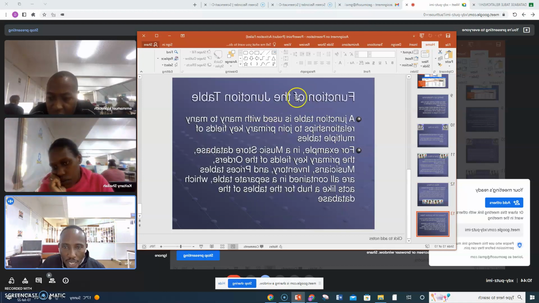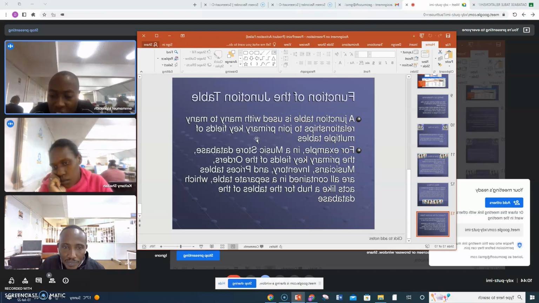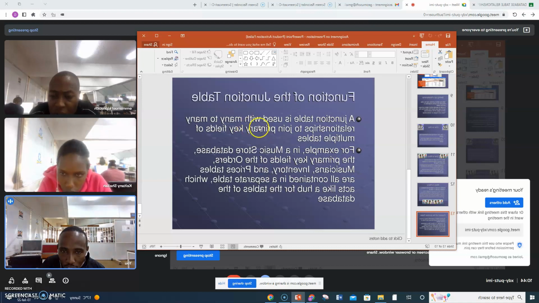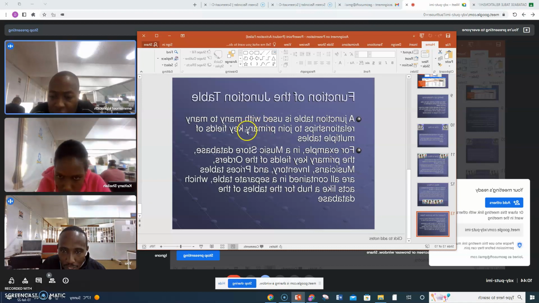Finally, we have something called a junction table. What is this junction table, Emmanuel? Correct. So a junction table, its major work is to join the primary key fields of multiple tables.